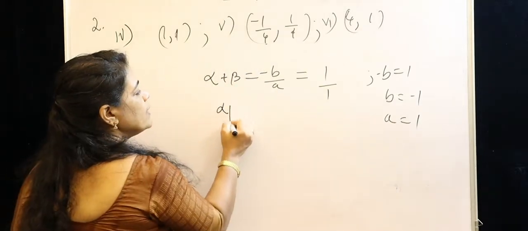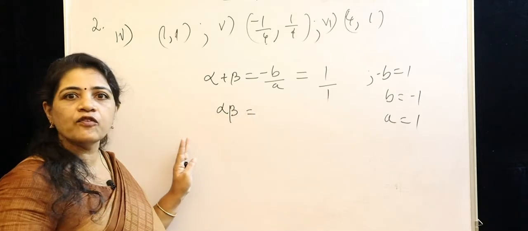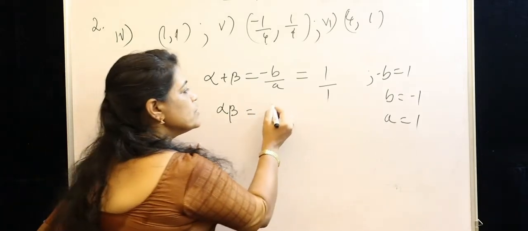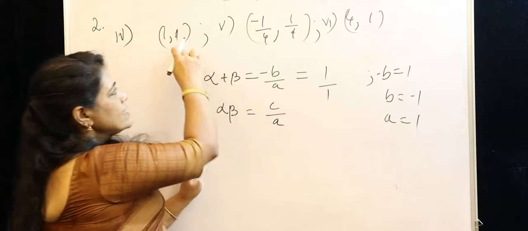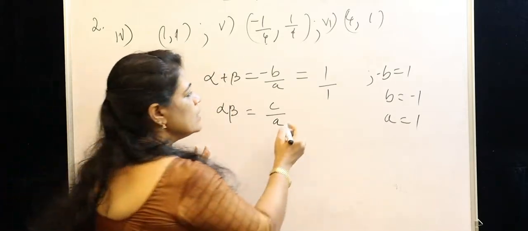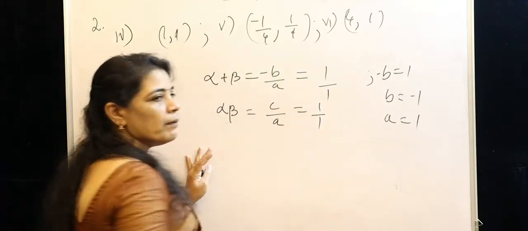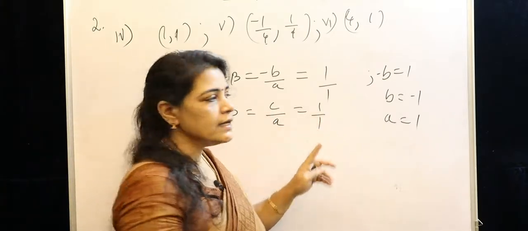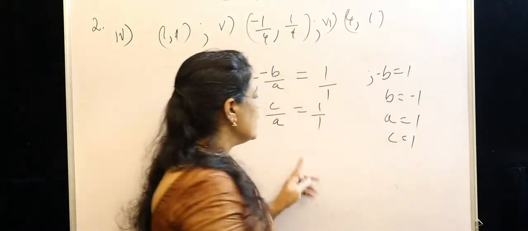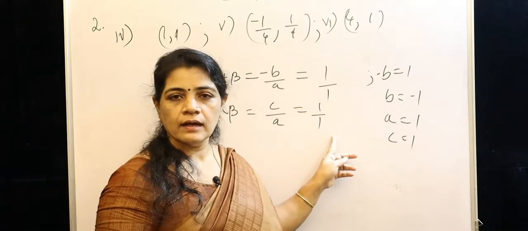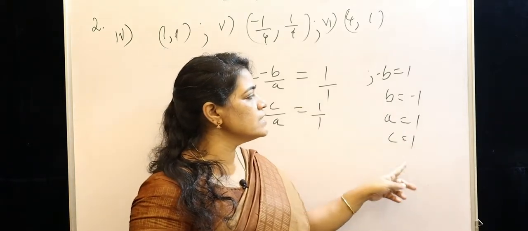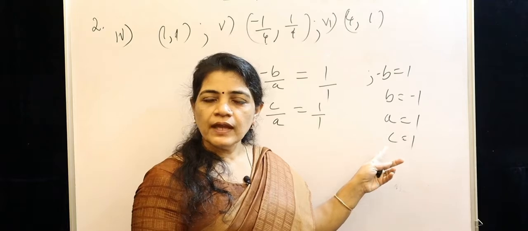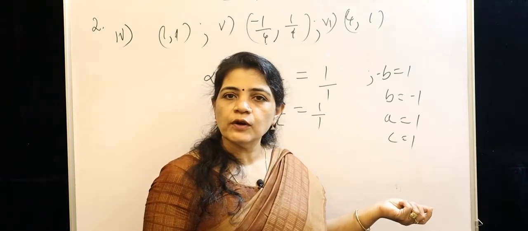Now alpha beta, the product of zeros, is equal to c by a. And what is given? That also is 1. So 1 can be written in the form 1 by 1. So the numerator, c, is equal to 1 and a is 1. So now we have the coefficients a, b and c. And what is the general form of a quadratic polynomial?